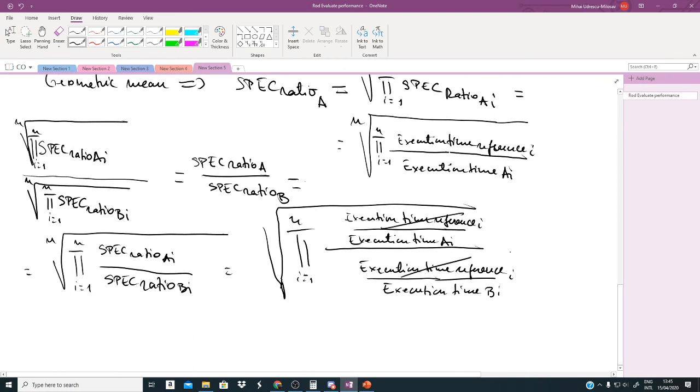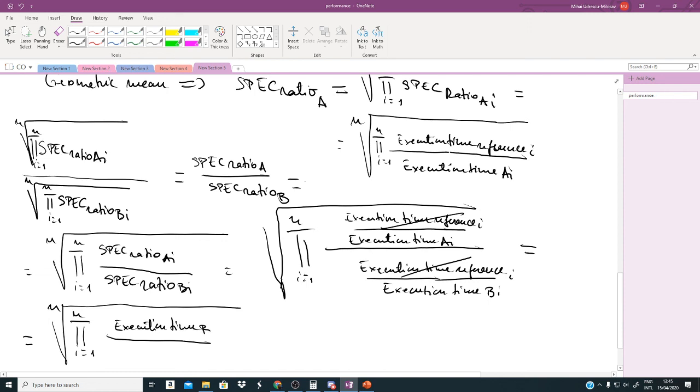So you see, you can simplify them, which is eventually the geometric average of the performance ratio.